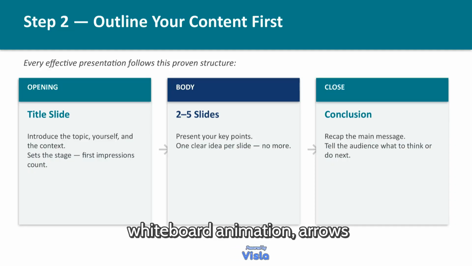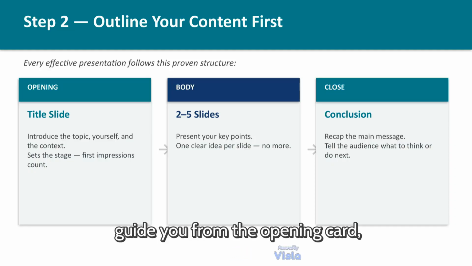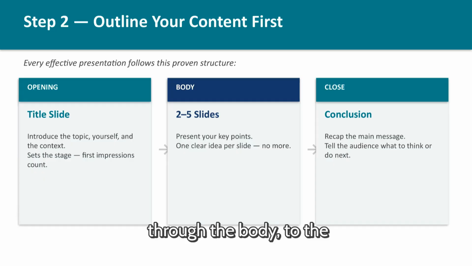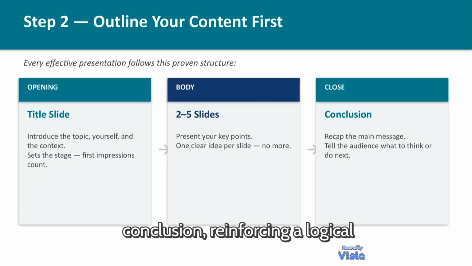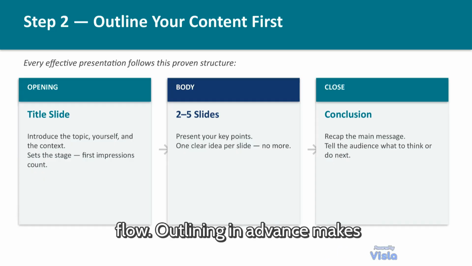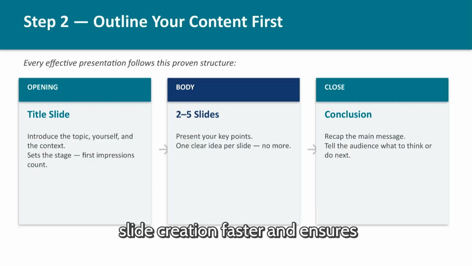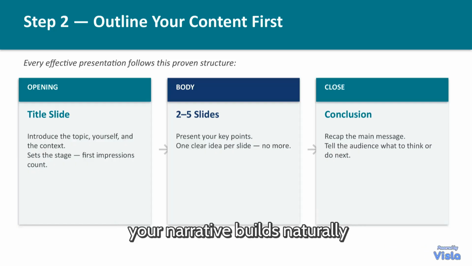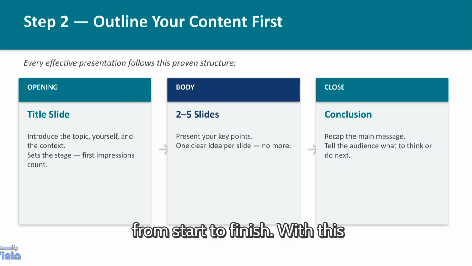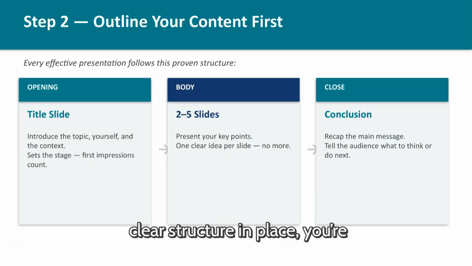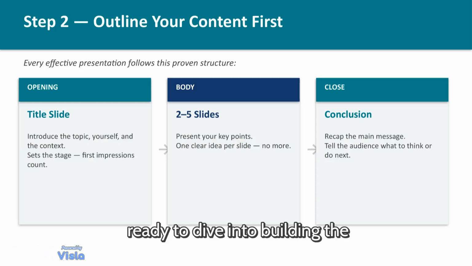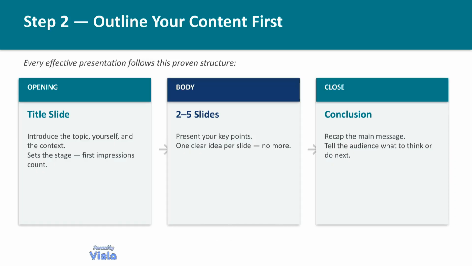In our hand-drawn whiteboard animation, arrows guide you from the opening card through the body to the conclusion, reinforcing a logical flow. Outlining in advance makes slide creation faster and ensures your narrative builds naturally from start to finish. With this clear structure in place, you're ready to dive into building the slides themselves.